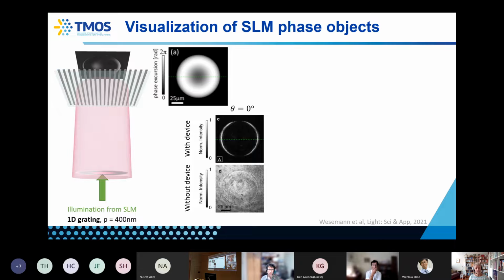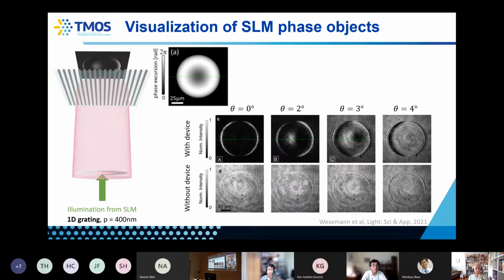Now, if the plane of the grating was at 90 degrees to the optical axis of the system, we could see that we ended up with this edge-enhanced image being produced. This is like what's called a dark field image when the device is present. If we take the device out, as you would expect for a phase image, there's negligible contrast.